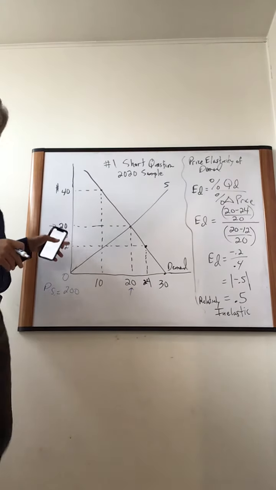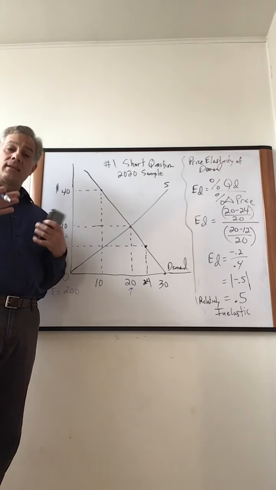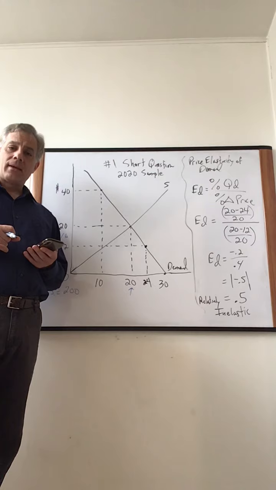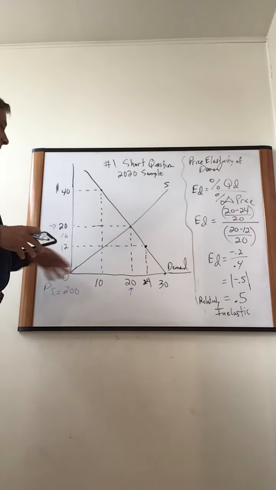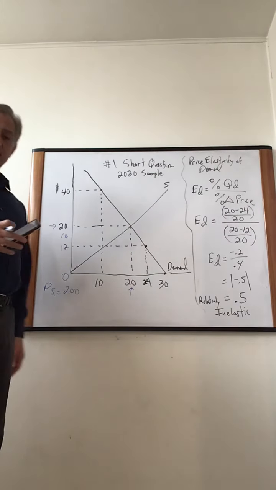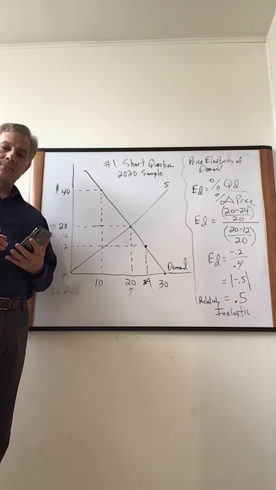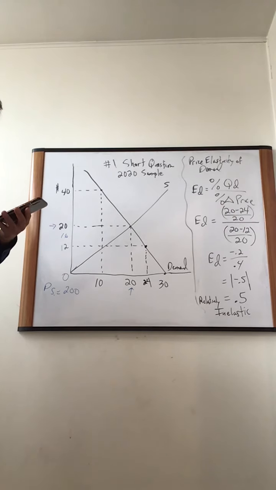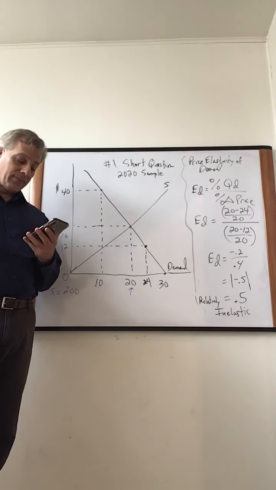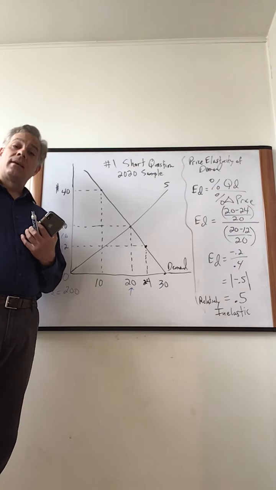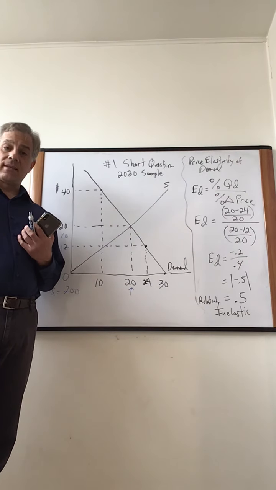So a price floor at $16 has no impact on the market because it does not interfere with the $20 equilibrium price. Okay, so the answer to that one would be there would be neither a shortage or a surplus. And you put for your explanation, an effective price floor would have to have a price above the equilibrium price to have an impact.